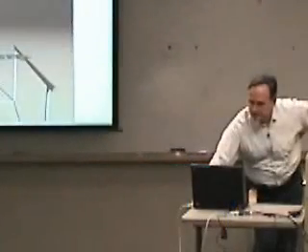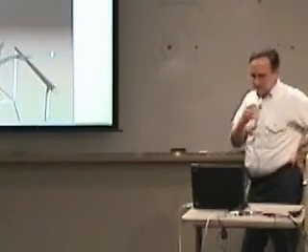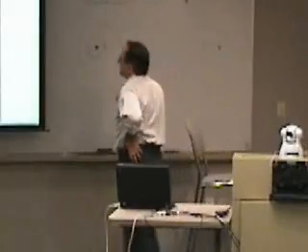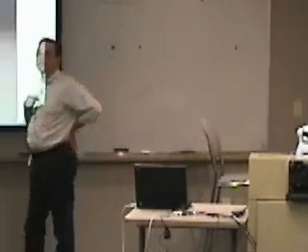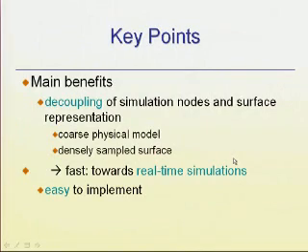Here's another example of an animation computed this way. This has about 200,000 surface particles and less than 1,000 physical particles. So the whole point here is that you have very, very coarse sampling of the interior. You are doing essentially very coarse physics, but for graphics, you are getting a beautiful surface that looks good.